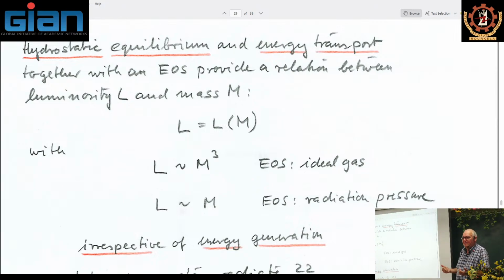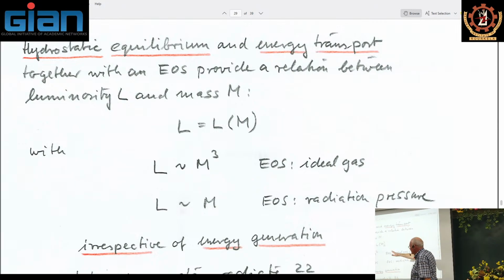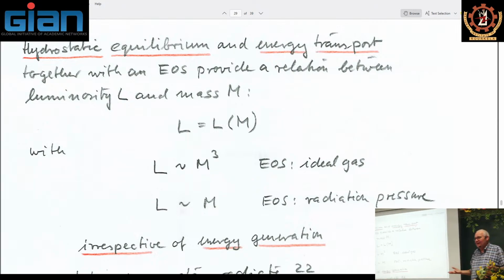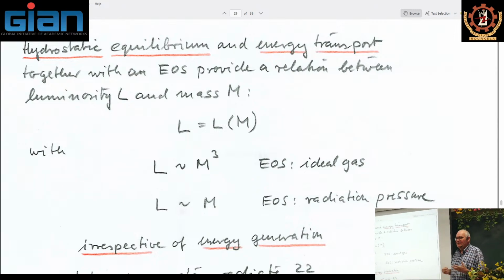One energy source would be that it contracts, then it can release gravitational energy, and satisfy the prescribed luminosity-mass relation by simply using its gravitational energy and by contracting. Or, if it's available, it can satisfy this relation by igniting nuclear burning, powering this luminosity by nuclear energy release. These are the two sources which are available for a star.